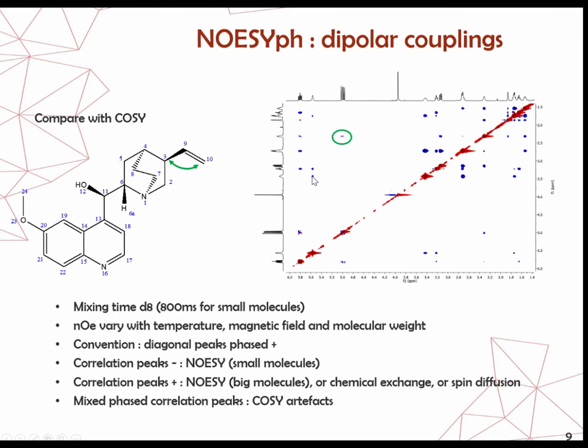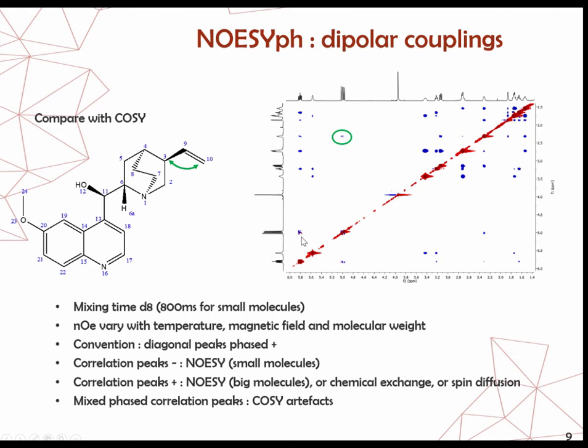If you observe some positive correlation peaks, it could be dipolar coupling for big molecules, or chemical exchange, or spin diffusion in some cases for very big molecules. Usually we don't observe this.